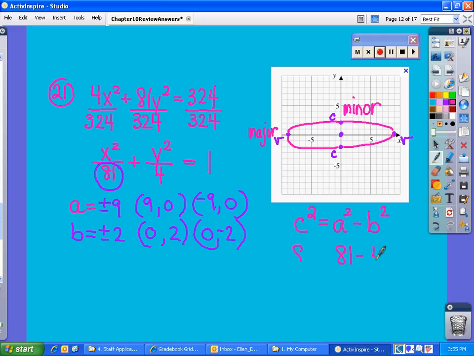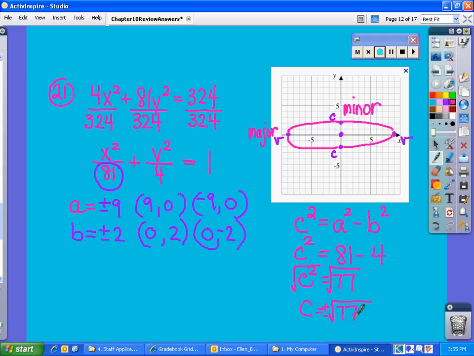B squared was 4. C squared, therefore, equals 77. In order to find the value of C, we would just take the square root of both sides, and we would get C equals plus or minus the square root of 77.